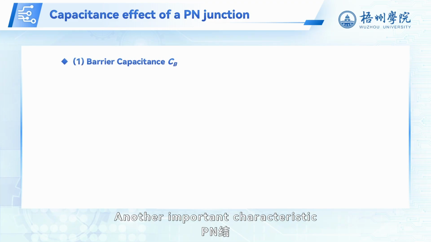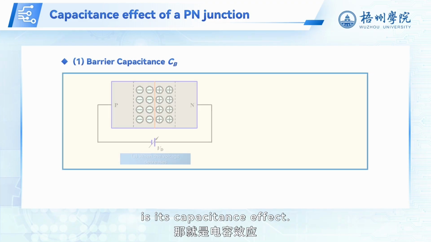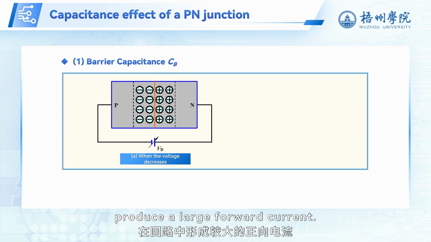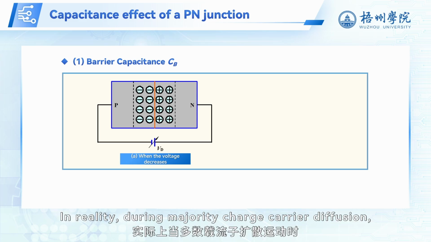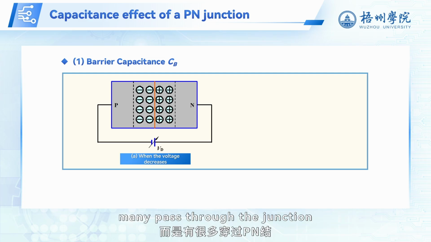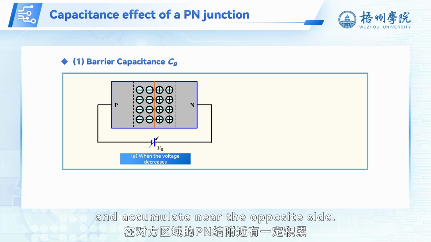Another important characteristic of the p-n junction is its capacitance effect. When forward biased, majority charge carriers produce a large forward current. In reality, during majority charge carrier diffusion, they do not all recombine within the barrier region. Many pass through the junction and accumulate near the opposite side.